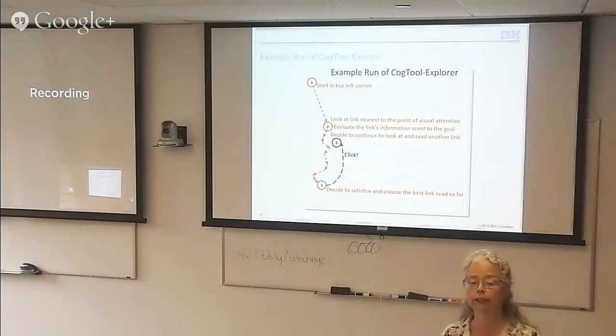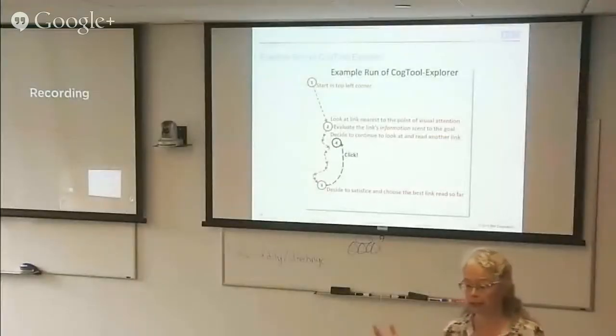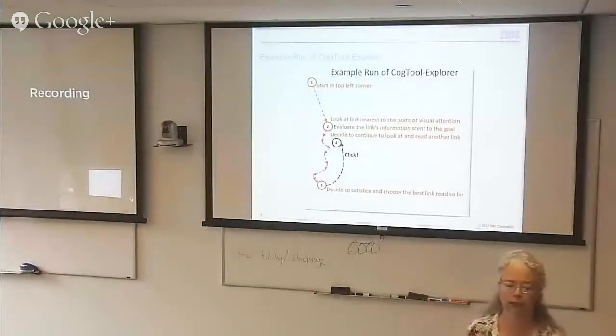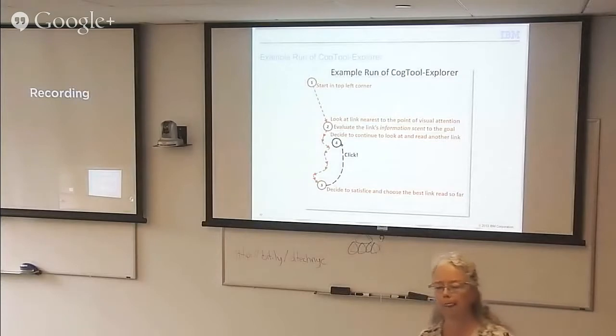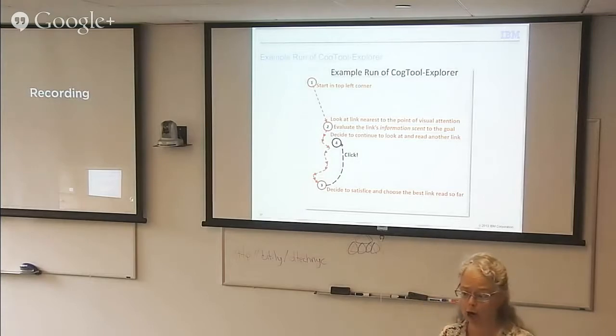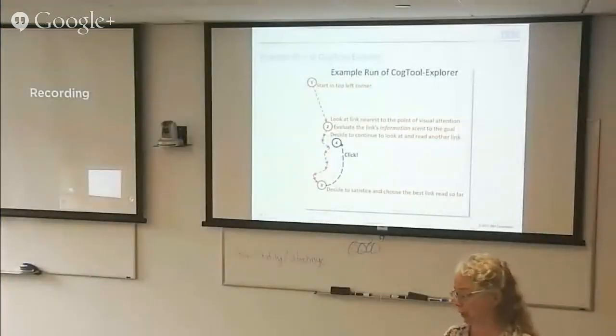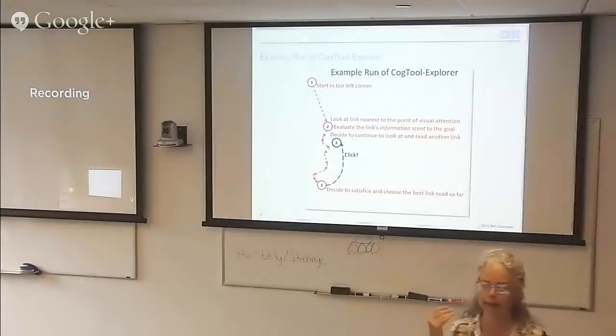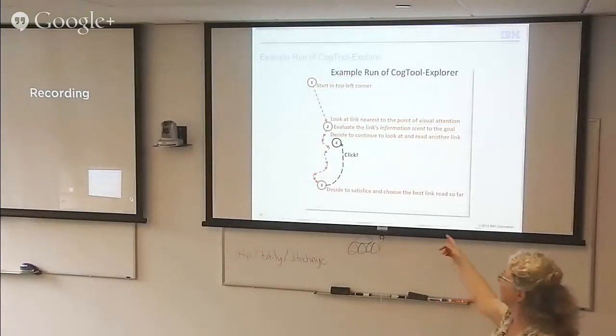If it's highly related, you might decide to click on it. If it's very low related, you keep going. So it keeps looking around, and it's got all this math under the hood with all these utilities moving around, saying, should I read the next thing? Should I click on the best thing so far? Or should I back up to a previous screen? And it finally decides to do something other than just reading. In this case, it's deciding to click on that link.